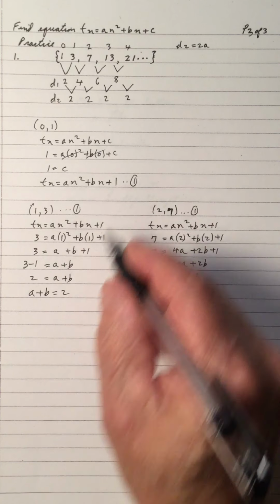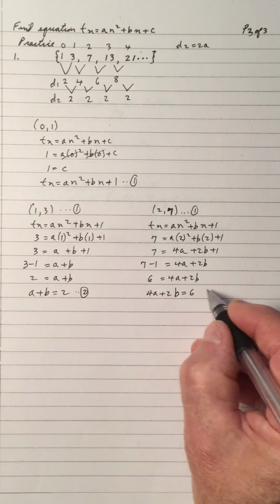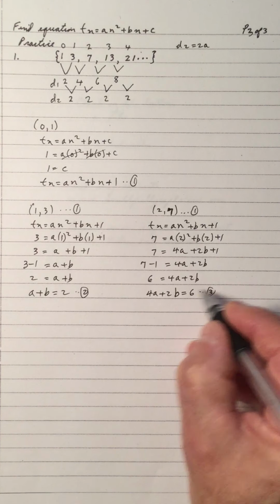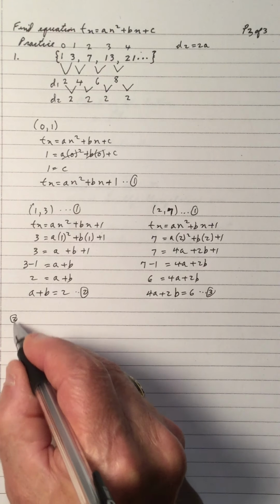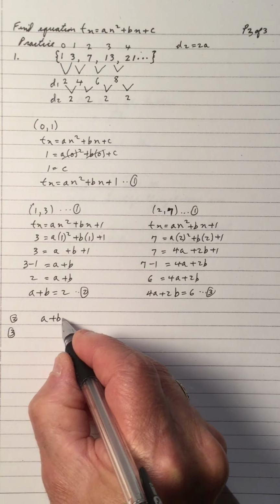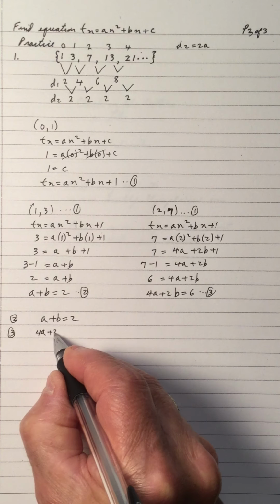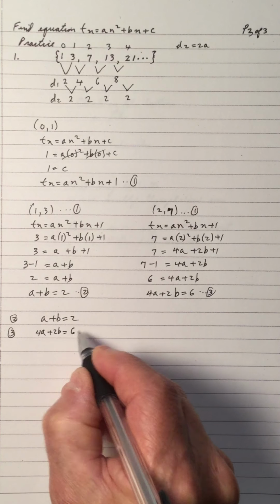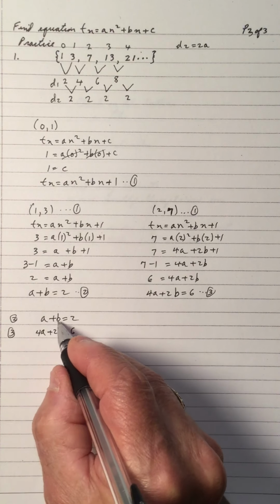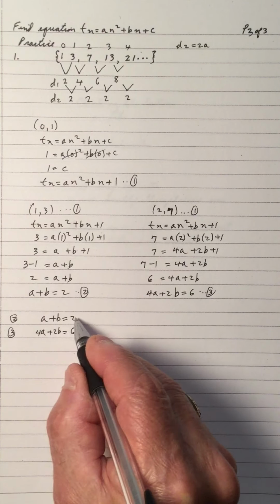Now, this is number 1. We'll call this new equation number 2, and this new equation number 3. So we'll take 2 and 3 and put them here. a plus b equals 2. 4a plus 2b equals 6. And I want to eliminate. I can multiply by negative 4, or I can multiply by negative 2.